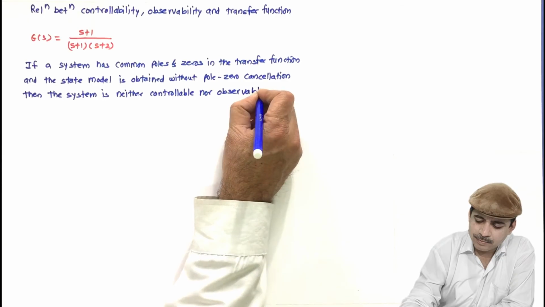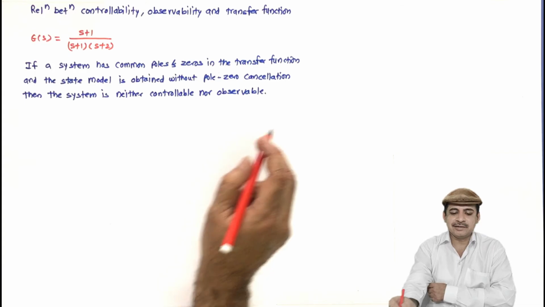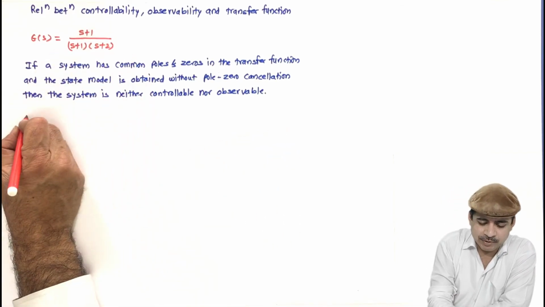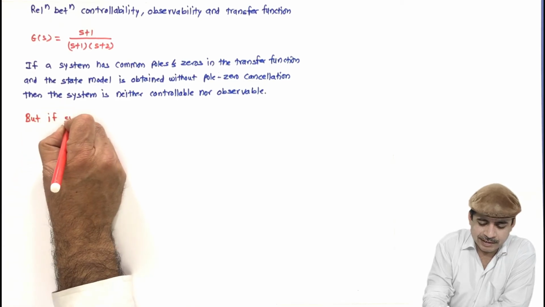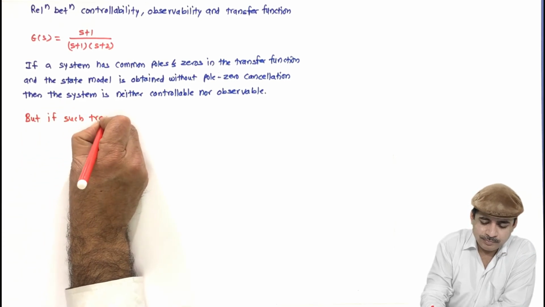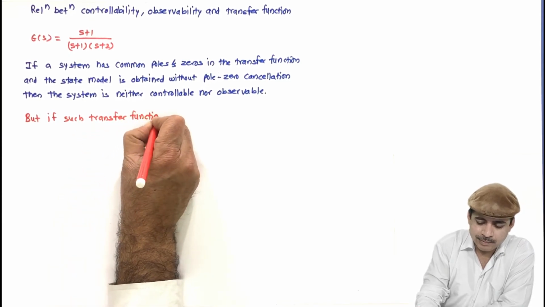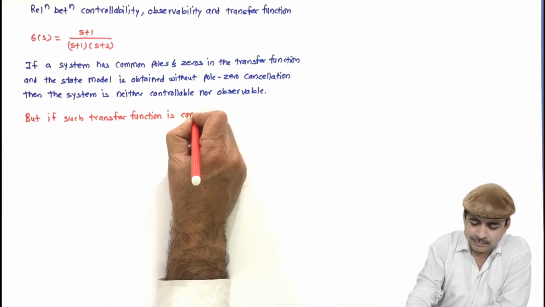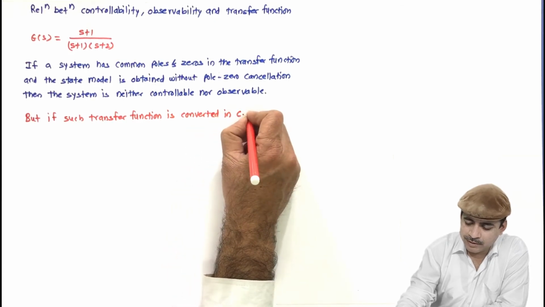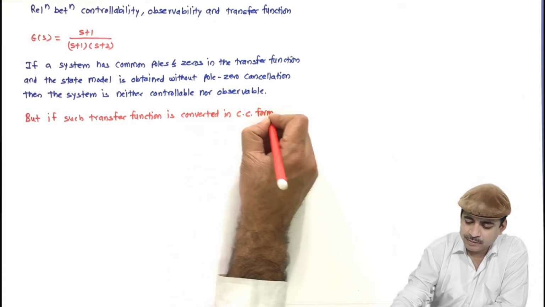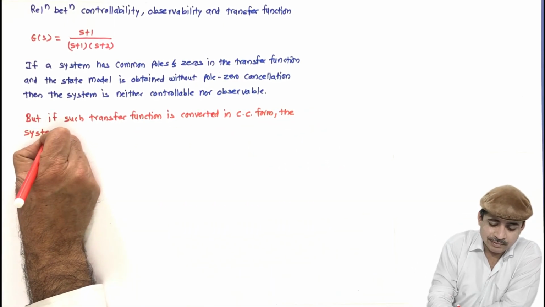But again, this has one exception. The exception is that if such a transfer function is converted into controllable canonical form, the system is controllable.